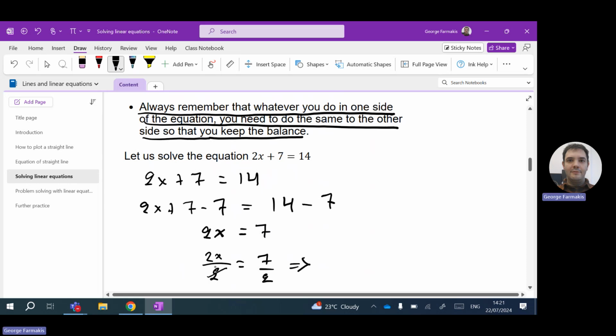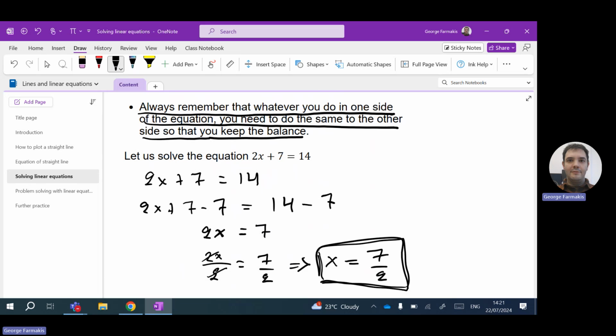Here we see that 2 and 2 cancel, so x equals 7 over 2. And this is the solution. You see that from the equation, we go to an expression that says x equals something, in this case 7 over 2. And this is the main idea always. We want to isolate the unknown and keep all the known constants on the other side.